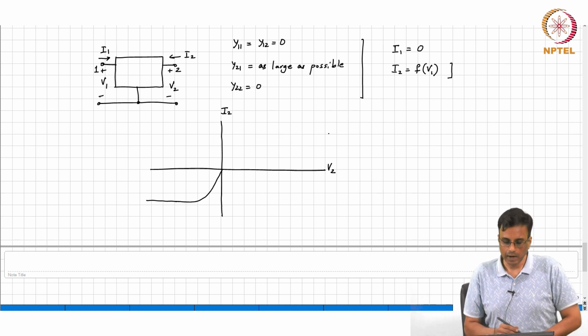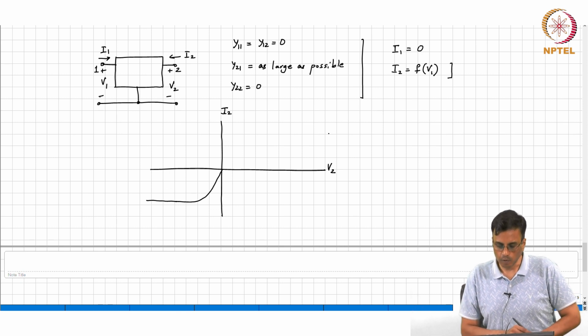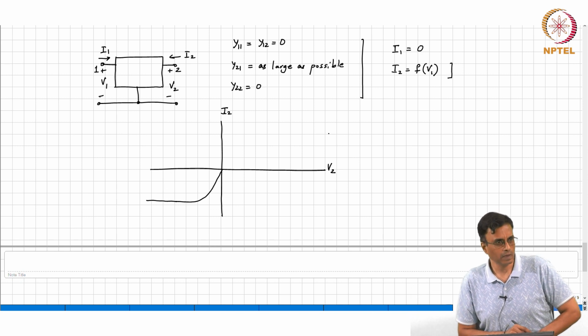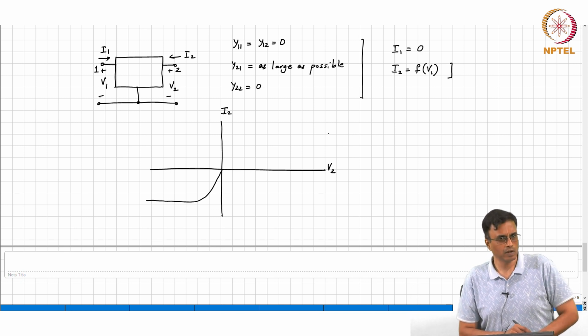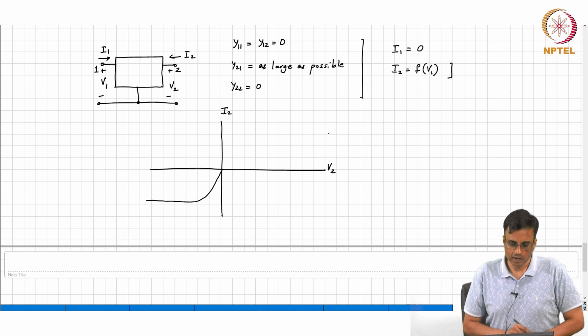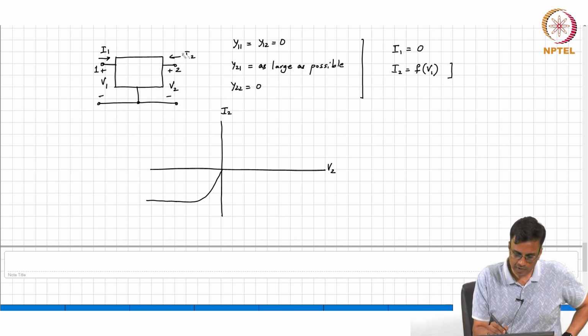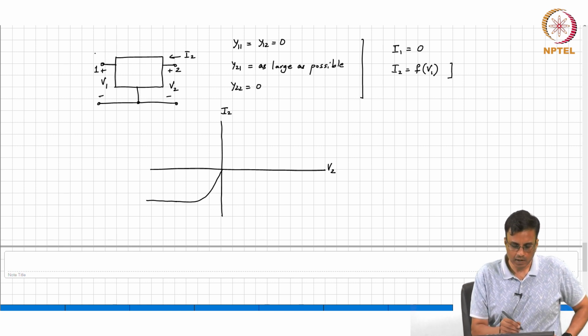In this case, therefore, V2 is negative and I2 is negative, I1 is 0, all right. And since I1 is 0 anyway, that goes away.